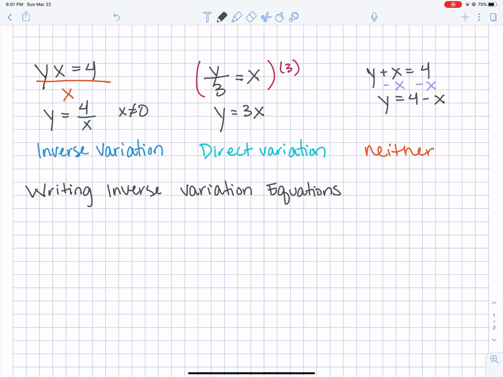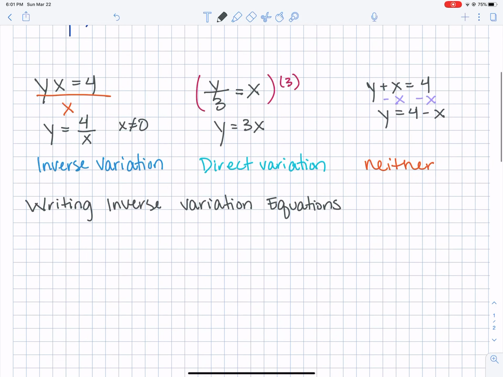All right, so we are going to state that x and y are varying inversely. So what this means is that we're saying, hey, this is going to be an inverse variation.